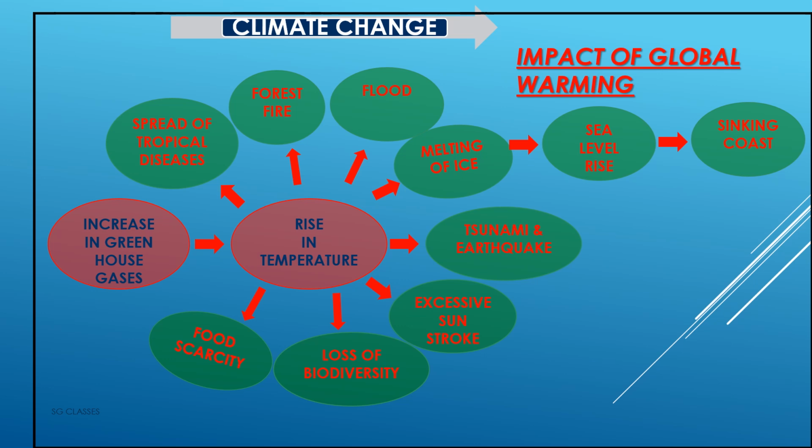Because of that, there is food scarcity, loss of biodiversity, excessive sunstrokes, tsunamis and earthquakes, melting of ice, floods, forest fires, spread of tropical diseases, and increases in greenhouse gases. Sea level is rising because of melting of ice and sinking of the coast and all.